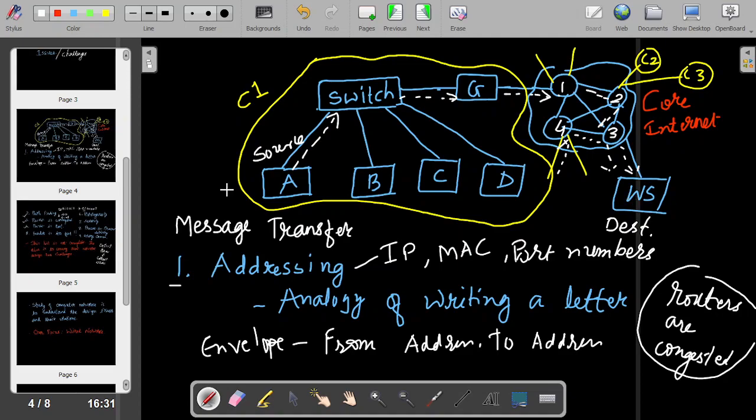Let us say in our example, assume that this router R2 is congested. What will happen? The packet will reach router 2, but as there is no space at router 2, that packet will be lost and it will never reach the destination, that is the workstation.